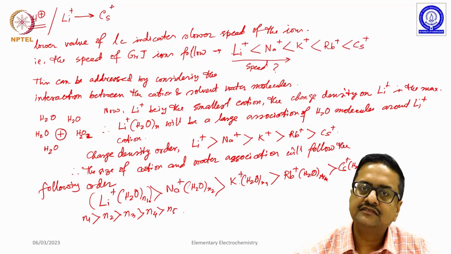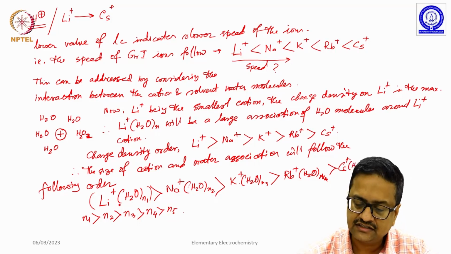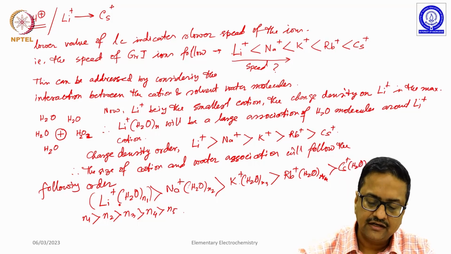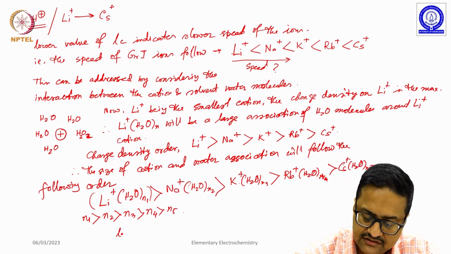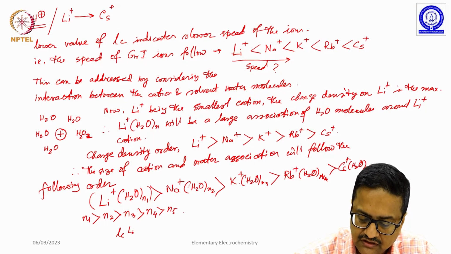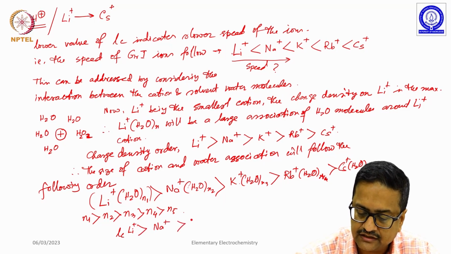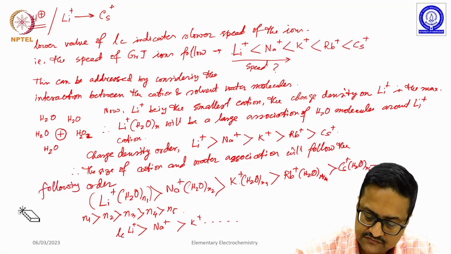As the size of this cation-water complex decreases, the mobility of those ions increases, and hence the order of Lc for lithium is greater than that of Na+, then greater than K+, and the order is the reverse.